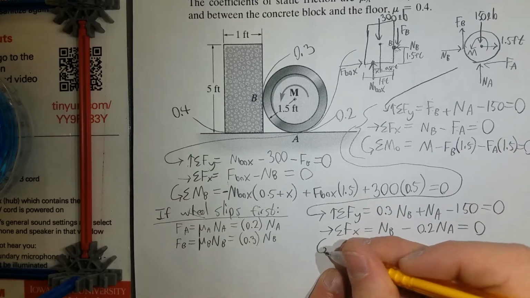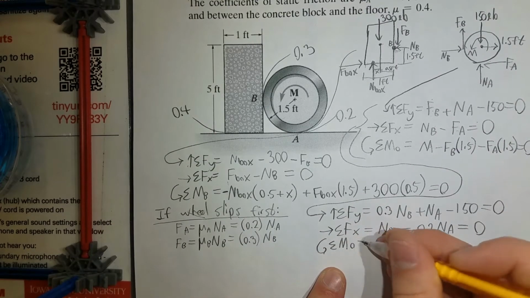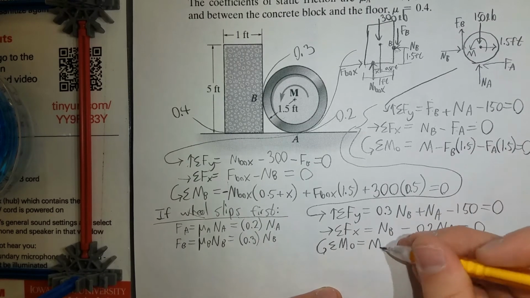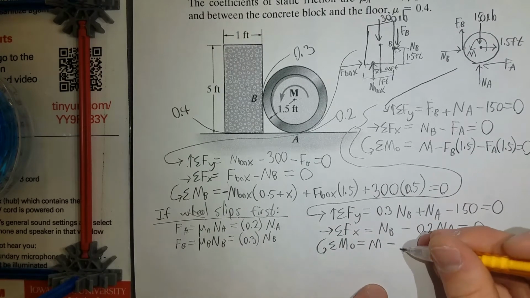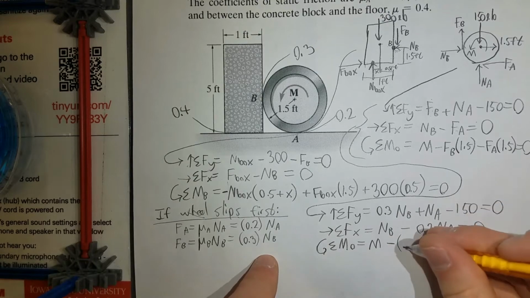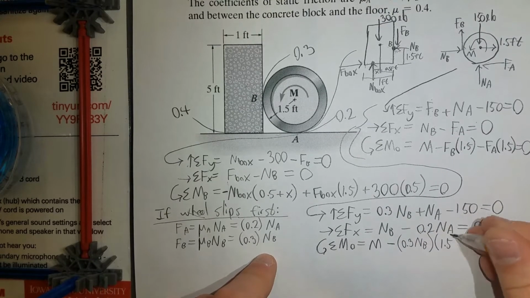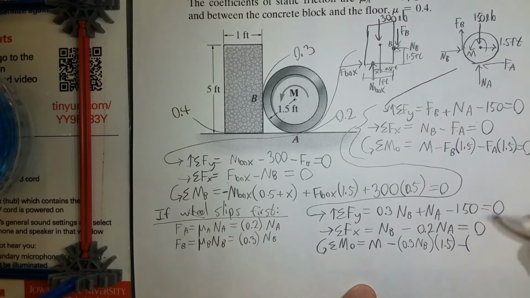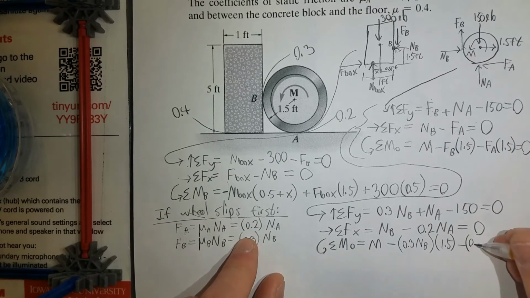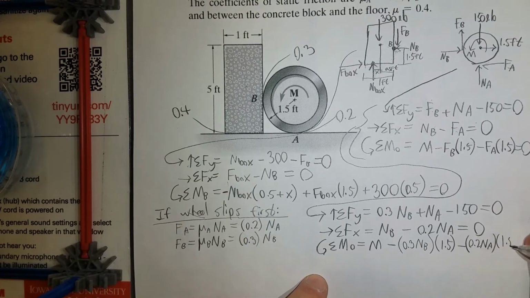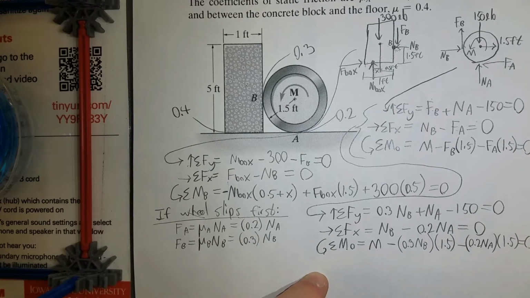And then we've got the sum of the moments about the origin, which is going to give us M minus, for FB, it's 0.3 NB times 1.5, minus, for FA, it's going to be 0.2 NA times 1.5. And that's all going to equal 0.